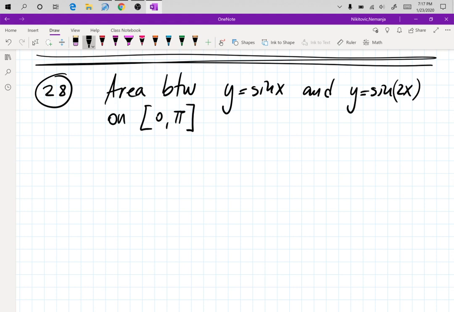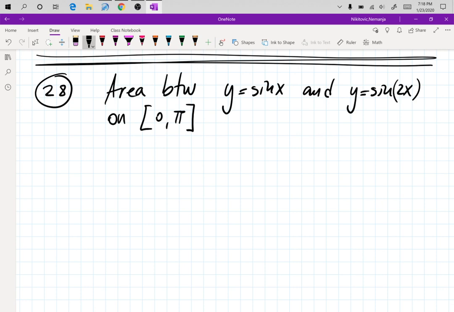Much better than the linear function. So it's going to be 2 parts again.